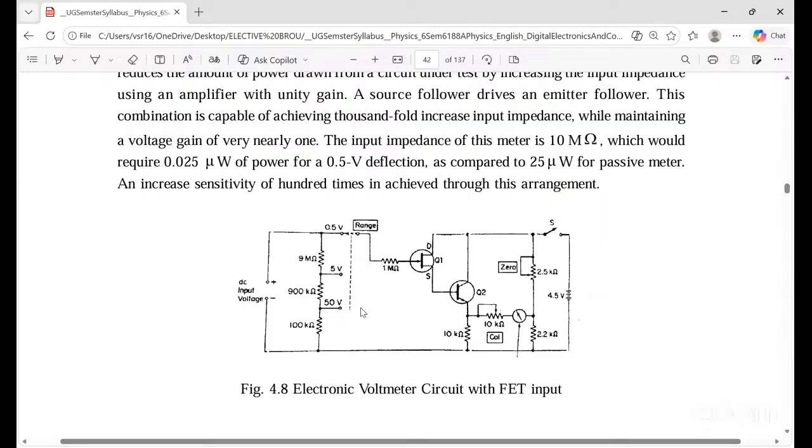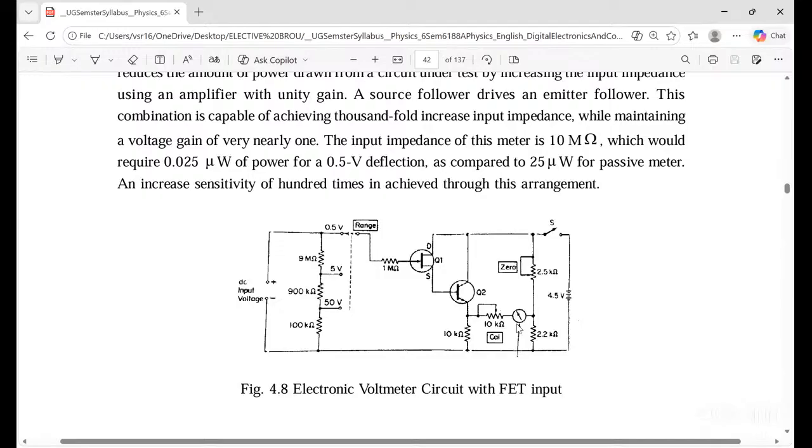This is the 1 mega ohm, and this is a FET, with drain, gate, source. This is the NPN transistor and a variable resistor.